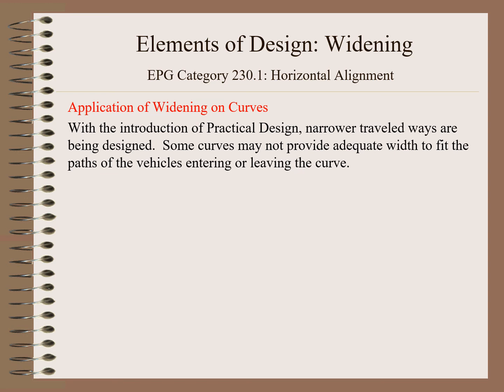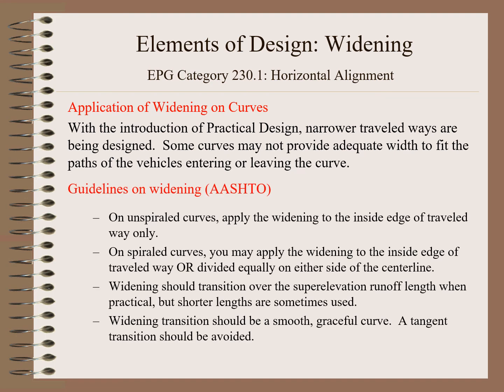So if you have a facility that requires a 12-foot lane and you decide to design a 10-foot lane, more than likely you're going to need to add widening on the inside of the curve so that you can provide adequate width to fit the path of the vehicles entering or leaving the curve.